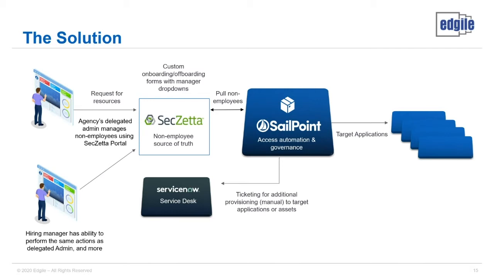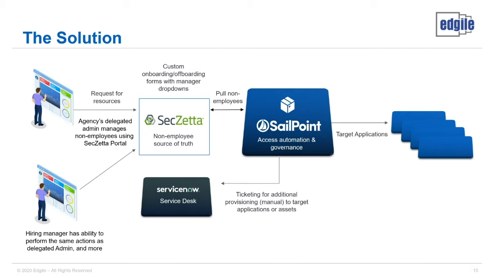And as we've already talked about a little bit, we then have that repository of information, so SailPoint and all the IGA processes and the access automation, all the governance, everything that they're doing, SailPoint can pull that non-employee information in to drive those processes in the right way and be very well informed about the non-employees.